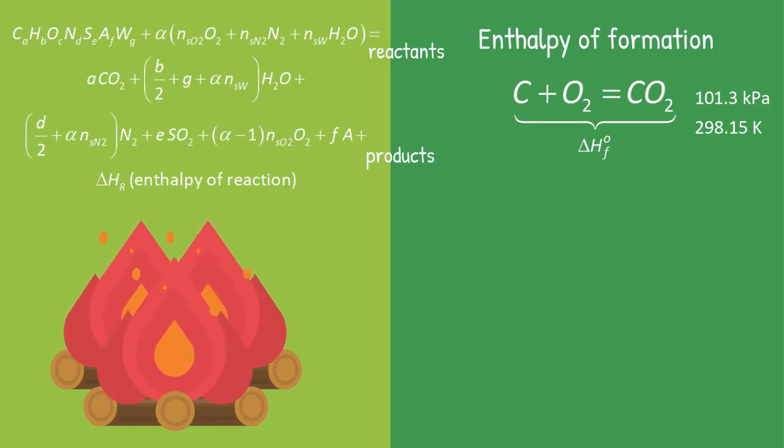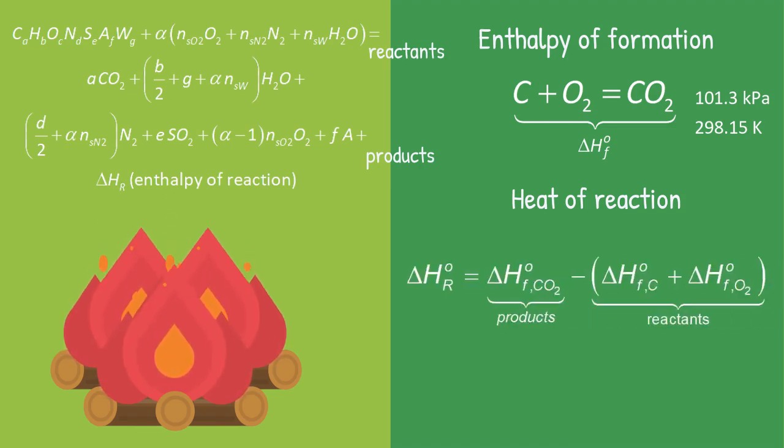These values are tabulated for most pure substances. The heat of reaction is the heat released in a chemical reaction where reactants and products are at their standard state. It is the difference between the standard enthalpy of formation of products and reactants. For the combustion of carbon to produce carbon dioxide, the heat of reaction is the same as the enthalpy of formation.